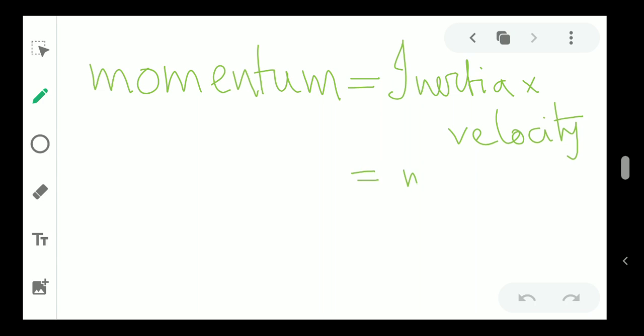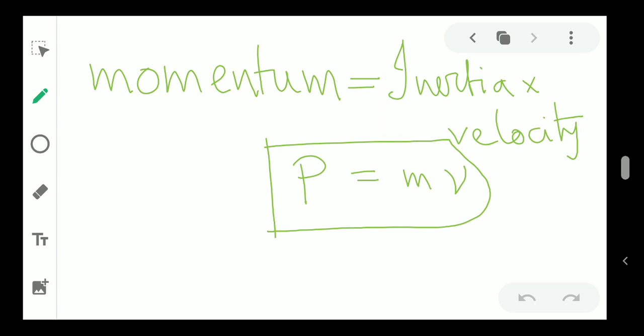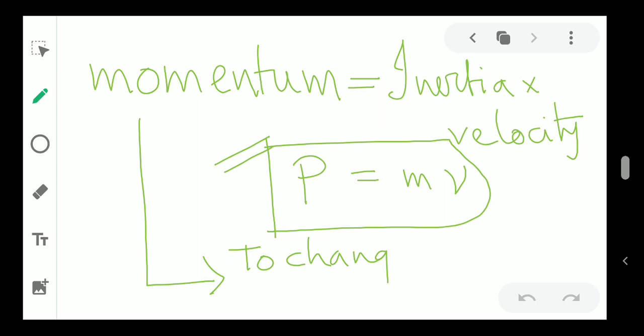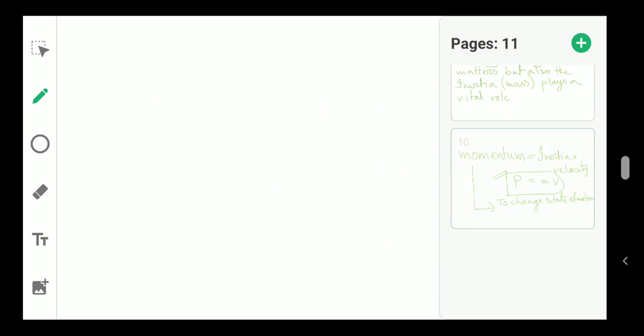So we can say this is nothing but m and v, and it is denoted with p generally. So we have a term which is called momentum and which is responsible to change the state of matter or state of motion. So momentum is the thing that plays the vital role.